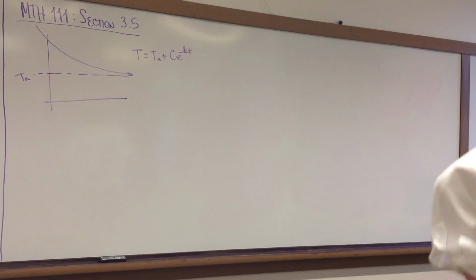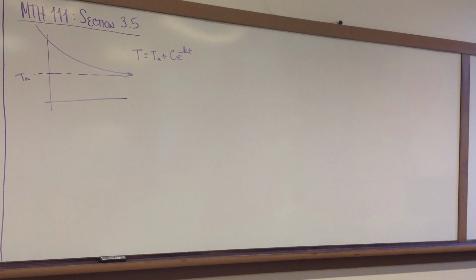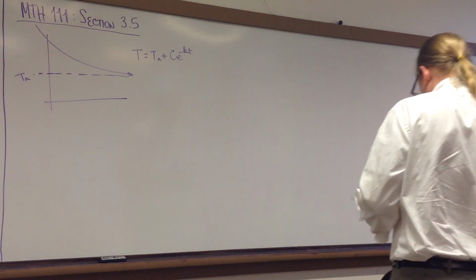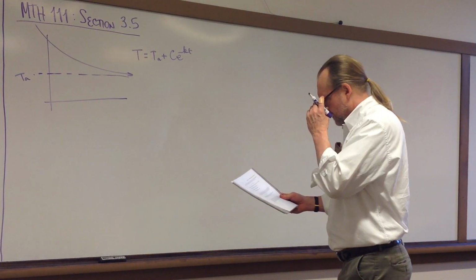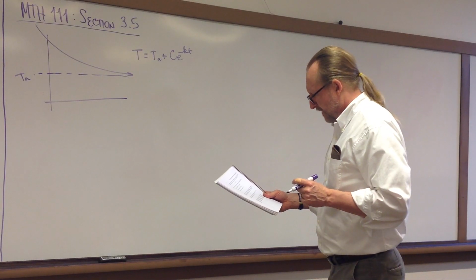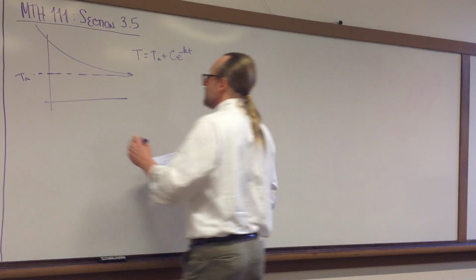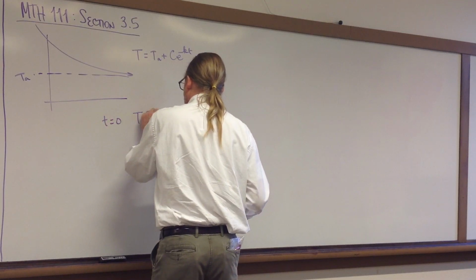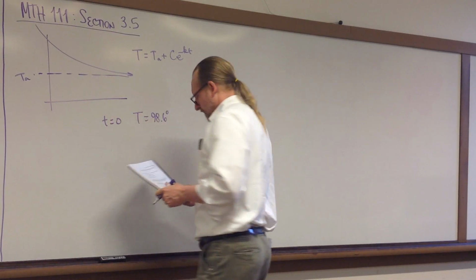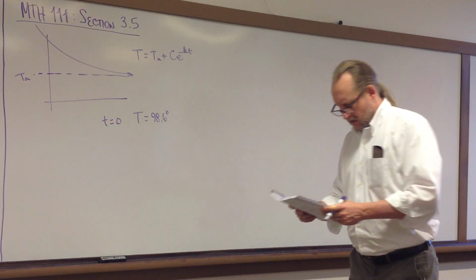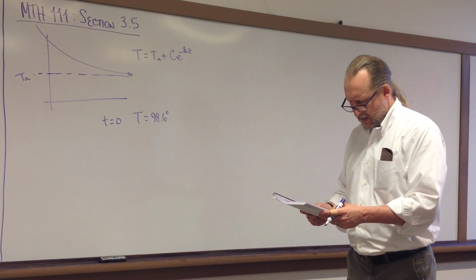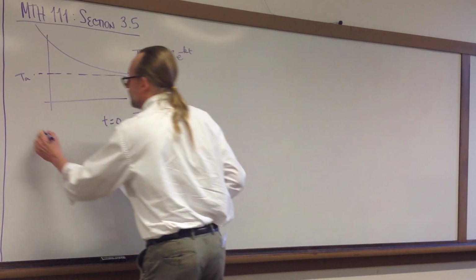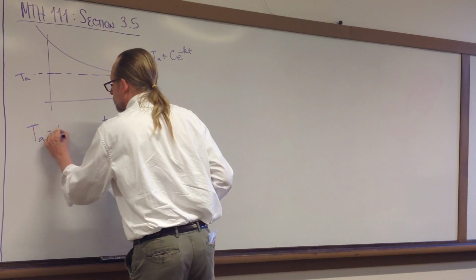All right, so problem 6, we've got our Newton's law of cooling. We know at t equals 0, the body temperature is going to be 98.6. The ambient temperature is 60 degrees, so we know that T sub A is going to be 60.